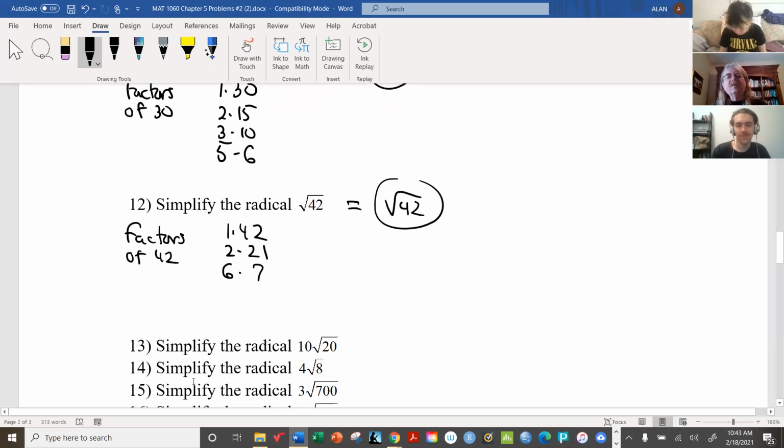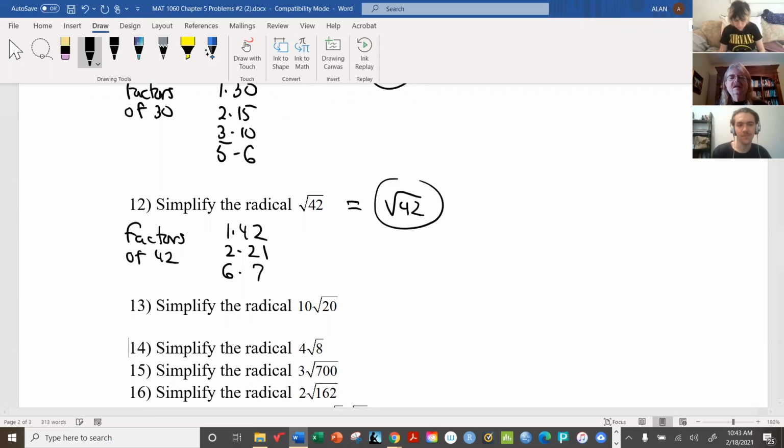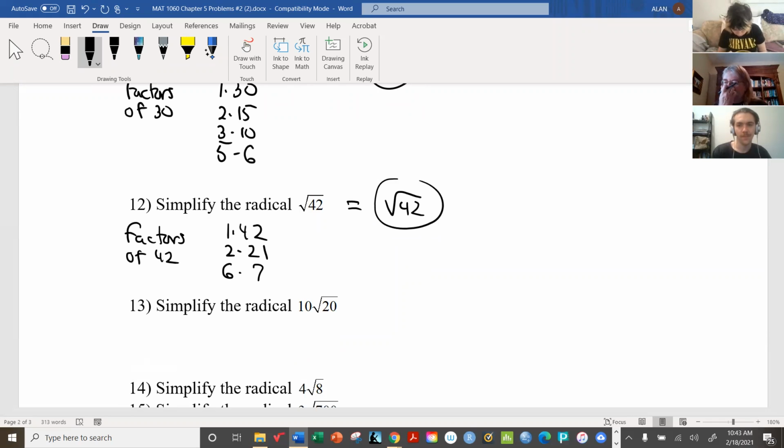Now, these are a little different because there's a constant involved that we didn't have here. Even though sometimes you may not be able to simplify just the radical, when you have this constant here, that might change our results a little bit. So let's see what happens here. Wait a minute. This one has exactly what we're looking for. One of its factors is a perfect square.